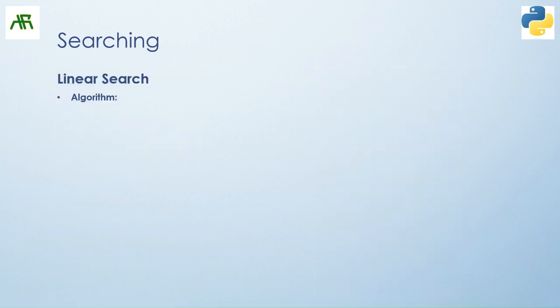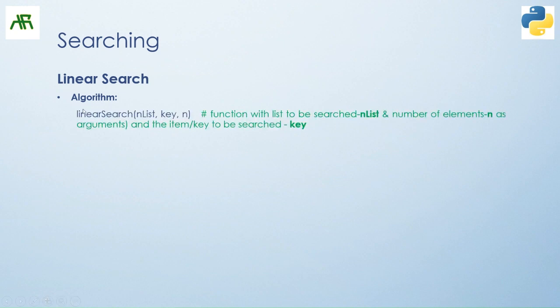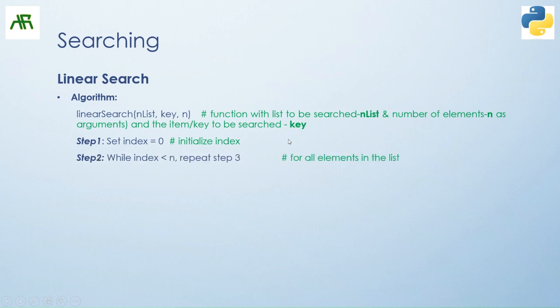Let's look at the basic algorithm to implement linear search in any of the programming languages. Create a function which takes arguments: the target list, the key to be found, and the number of elements in that particular list. Set the index to be 0 for us to process through the list and identify where my target or key is found.